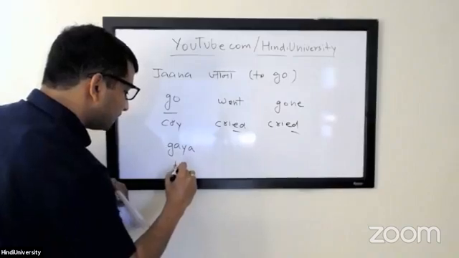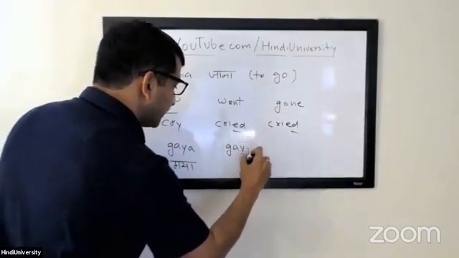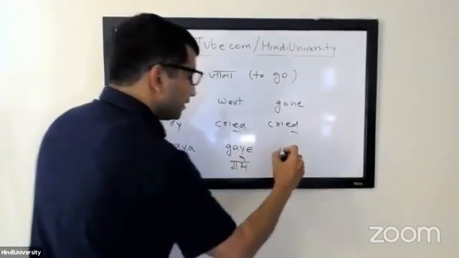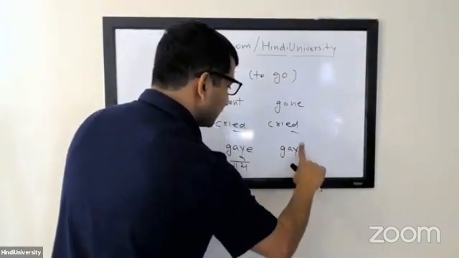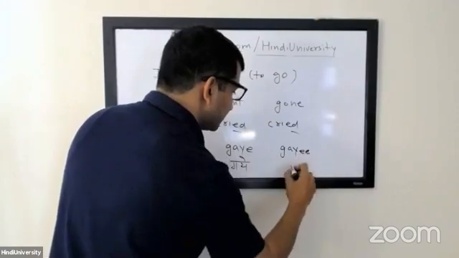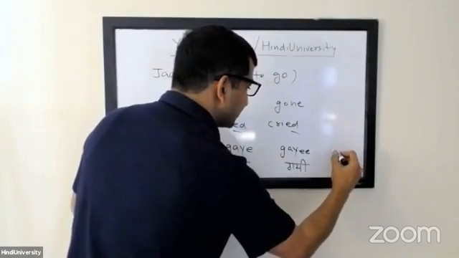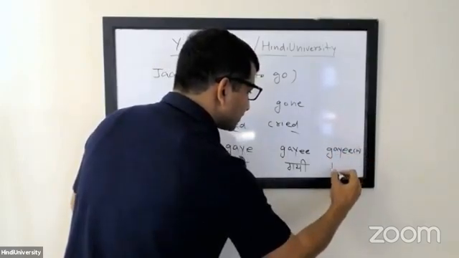For masculine plural, you will be using Gaye. And for feminine singular, it's Gai. And for feminine plural, it's Gain. So same thing, but with a nasalized sound, Gain.